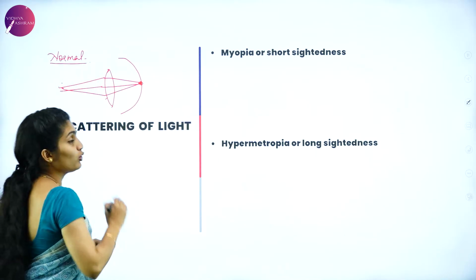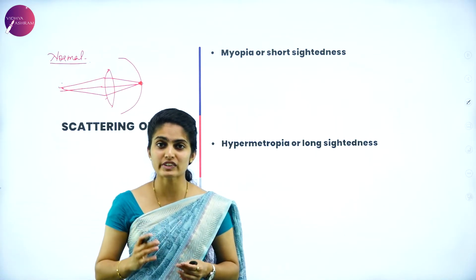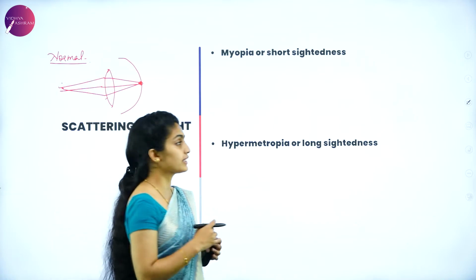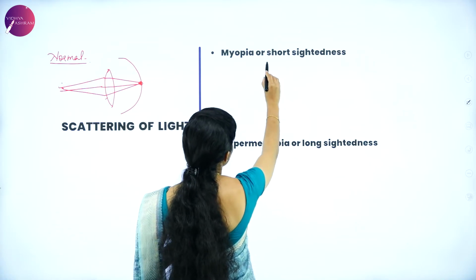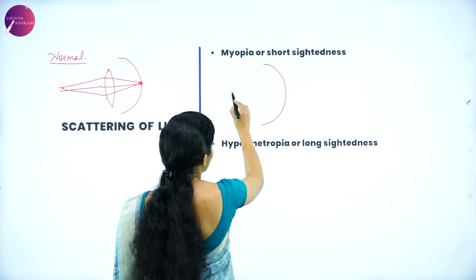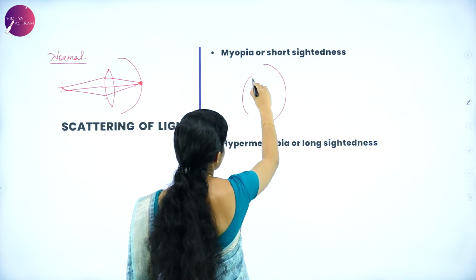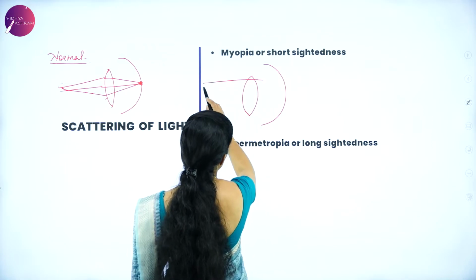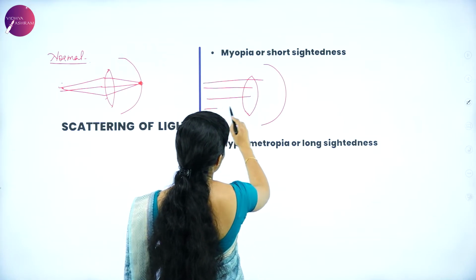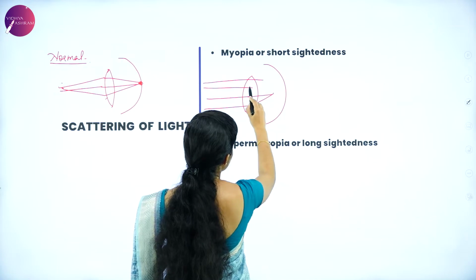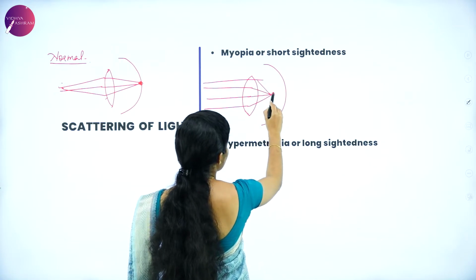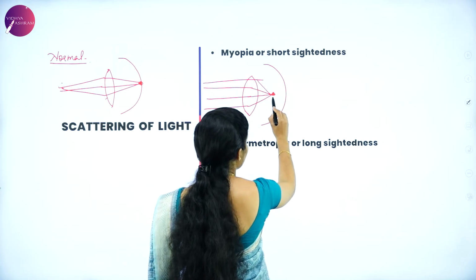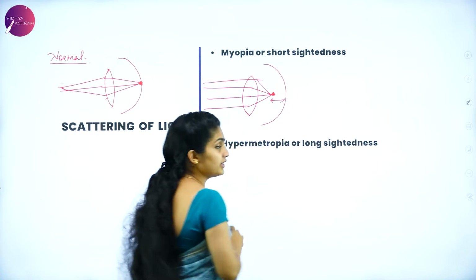For a myopic eye, the one suffering from myopia, that means short-sightedness, what happens? Suppose this is an eye and here there is a lens. Any light coming from far tends to meet at a certain point before the retina. So you have a gap of certain distance.